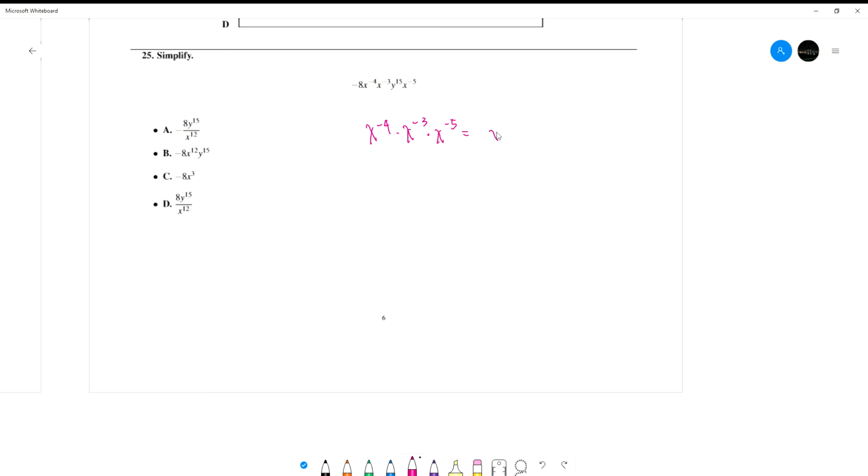If I add these up using our law of exponents, this is negative 7 minus 5, negative 12, right? So I have negative 8, y to the 15th, and since x is a negative, I move it down to the denominator and make it positive 12. And where is that? That is answer choice A.